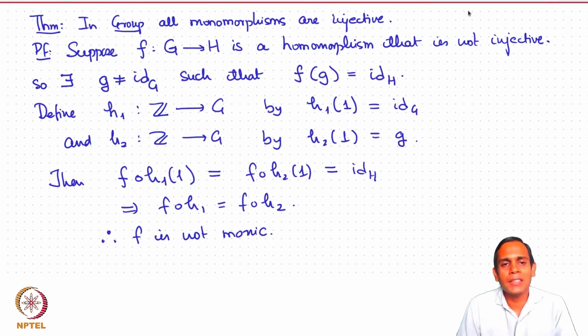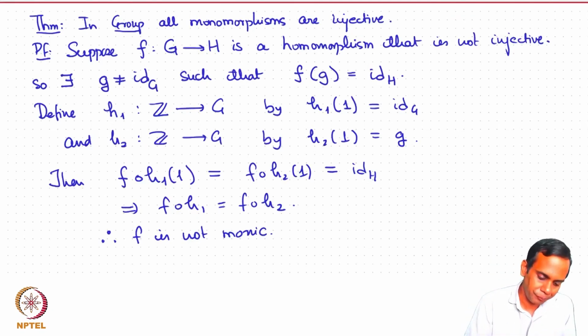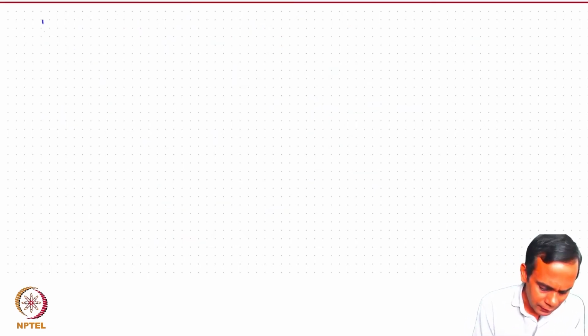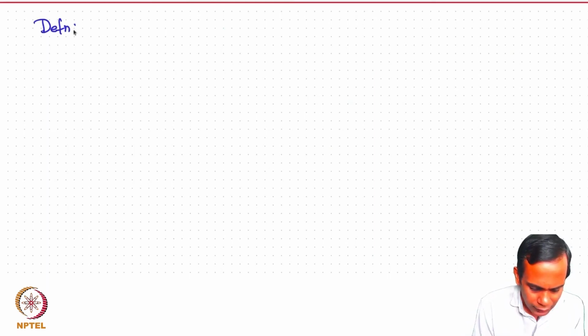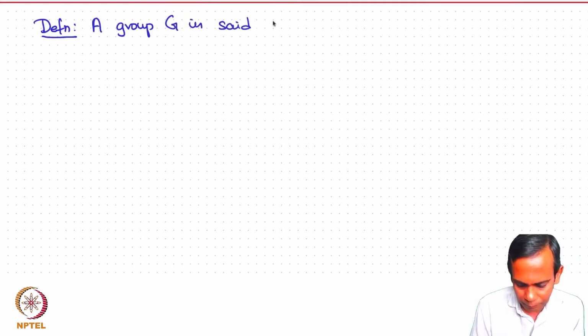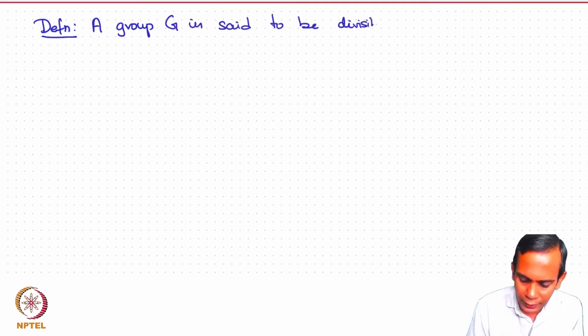So monomorphisms are injective in the category of groups, but there are counterexamples. There are other categories where monomorphisms are not necessarily injective. One of the simplest examples would be the category of divisible groups. So a group is said to be divisible if you can divide in it.